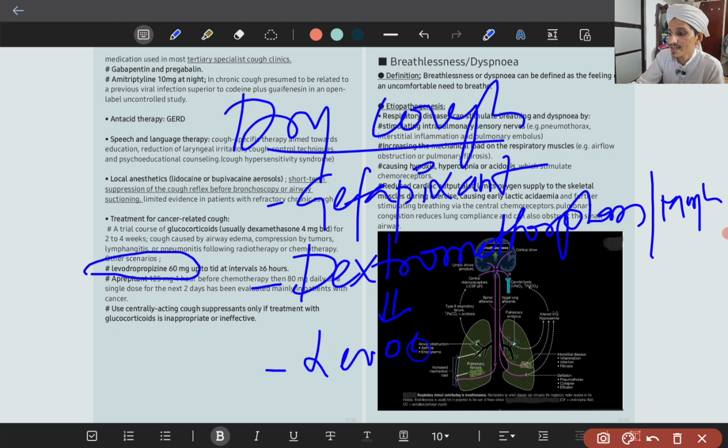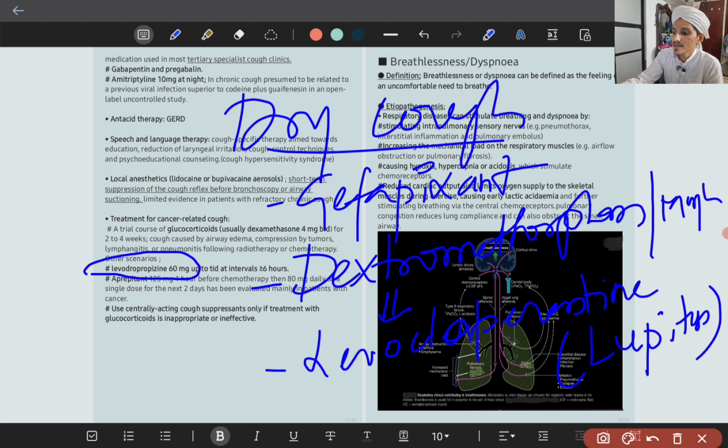This is centrally acting cloperastine, available as Lupitus brand name syrup. Even after this, if the cough is not responding, you can consider gabapentin and amitriptyline.